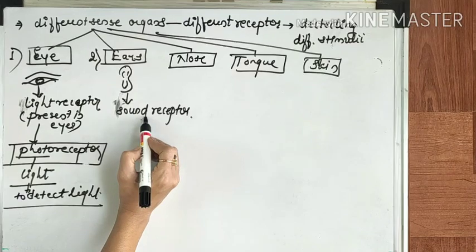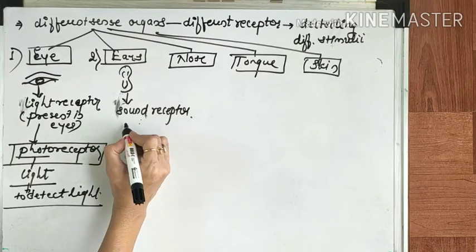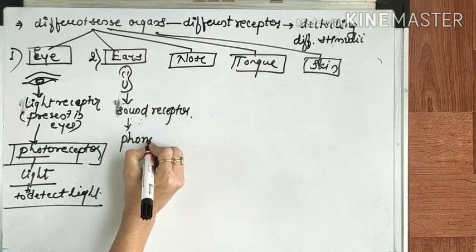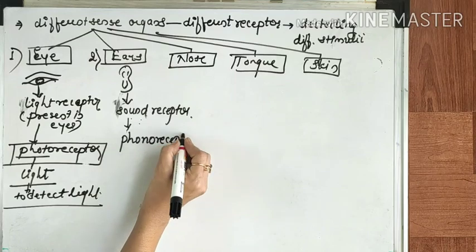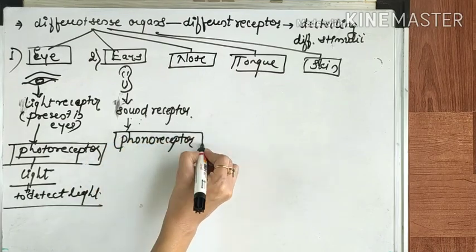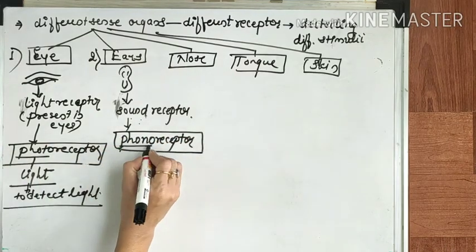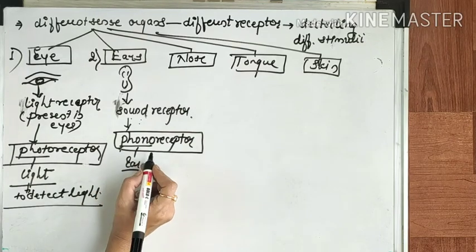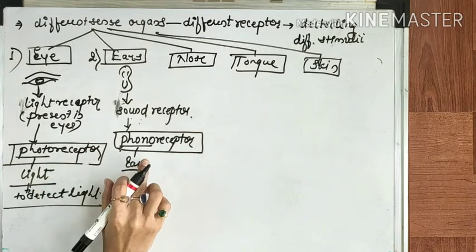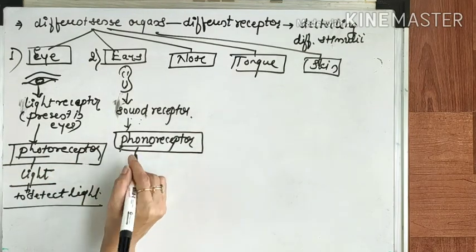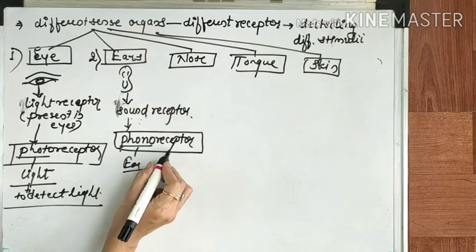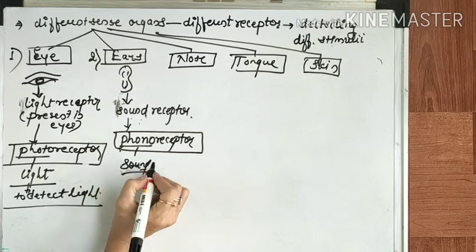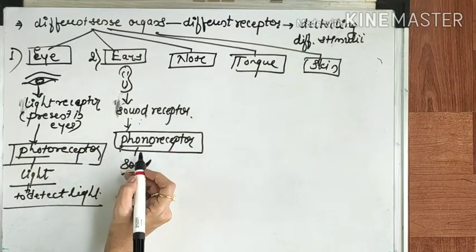And the sound receptor is present in the ears. That sound receptor is known as the phonoreceptor. Phono means sound. So the receptor present in the ear is called phonoreceptor, meaning sound.